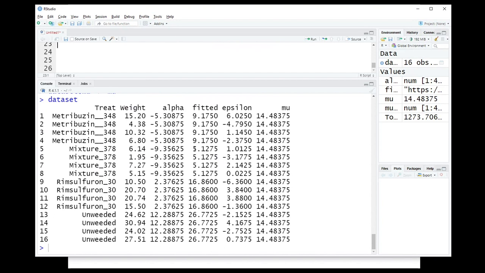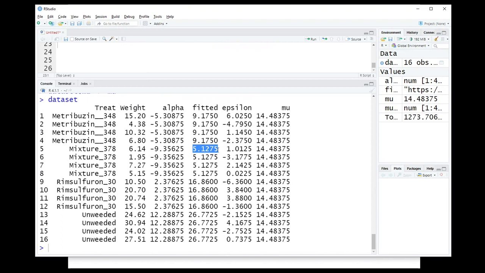We would expect that the observation number 5 should be equal to 14.5, that is the overall mean, minus 9.36, producing a value of 5.13. Okay, so if you add the overall mean and alpha, the treatment effect, you get to the fitted value.